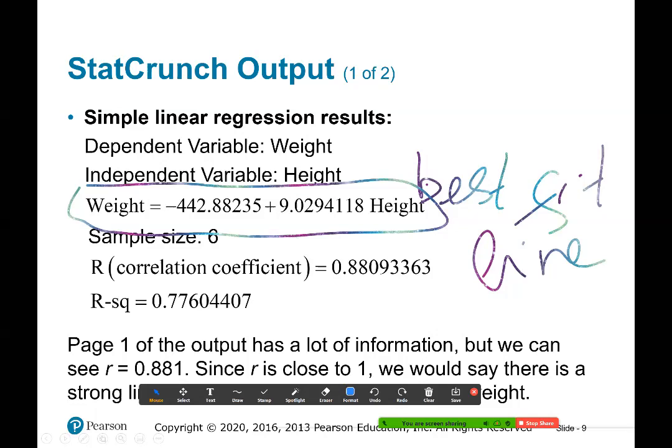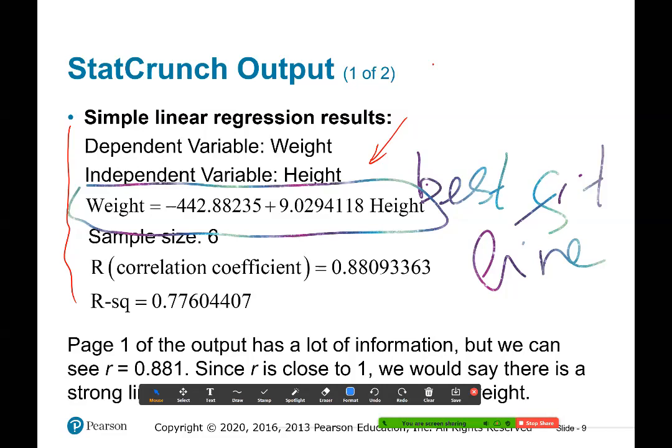I also forgot to tell you one more thing. This all is output from StatCrunch, right? And this also gives the line, a best fit line or model line for the linear relationship.